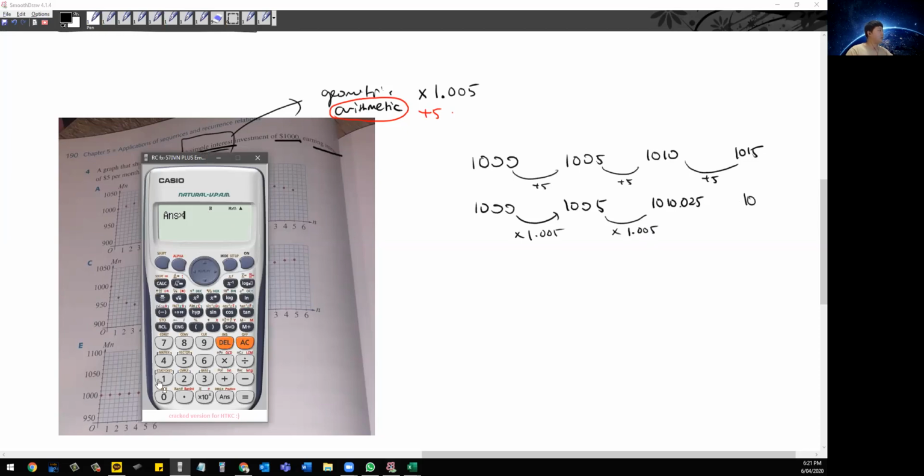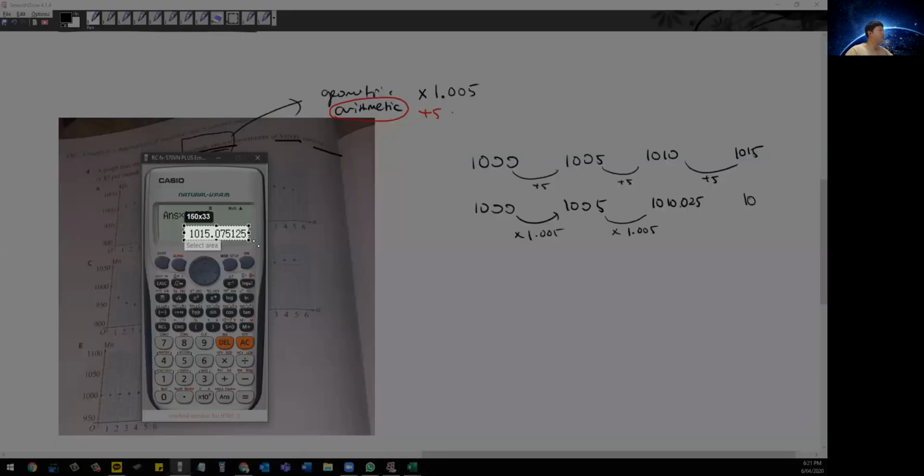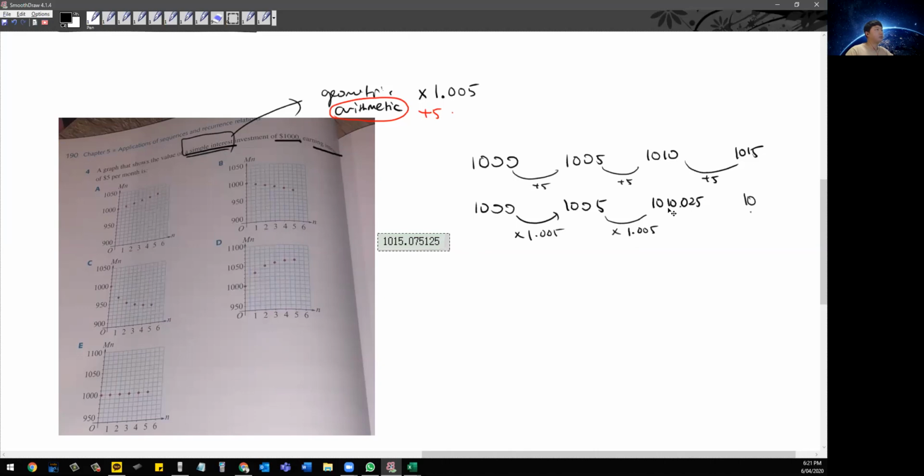Why? So that's 1,015. Isabel, why is the compound making a bit more money? I actually don't know. Okay.